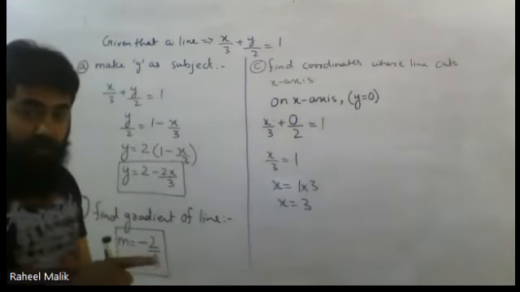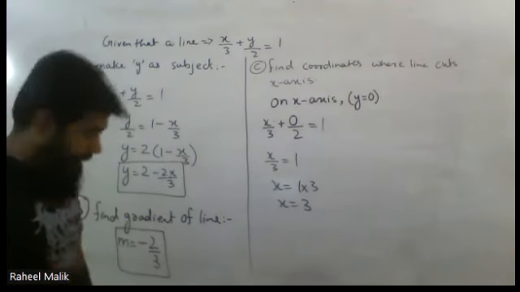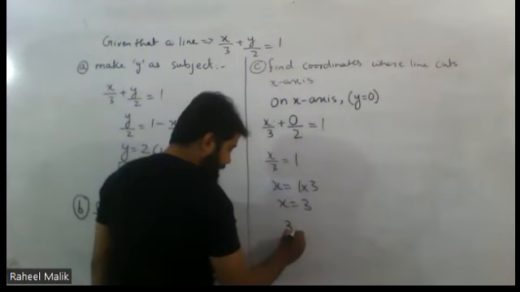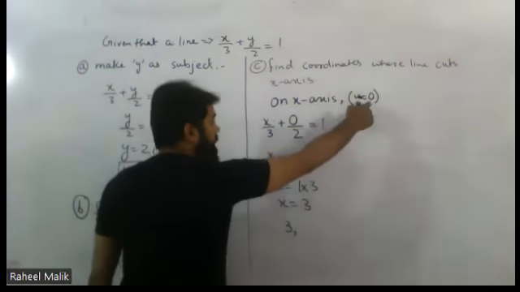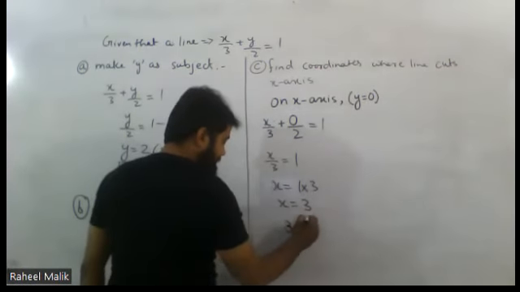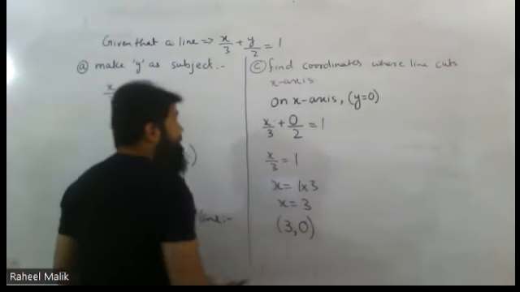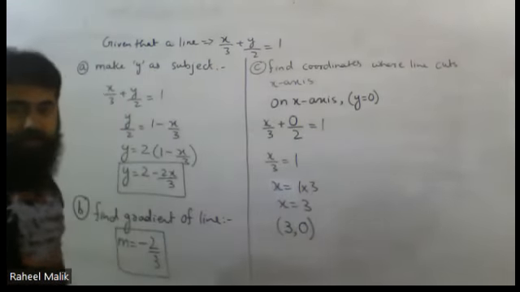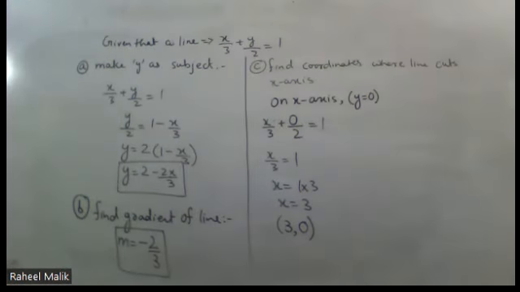So what will be the coordinate where your line is cutting the x-axis? The coordinate of x will be 3 and the coordinate of y will be 0. So this is the point where your line is cutting the x-axis and this will be your final result.